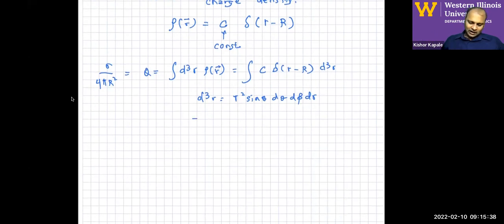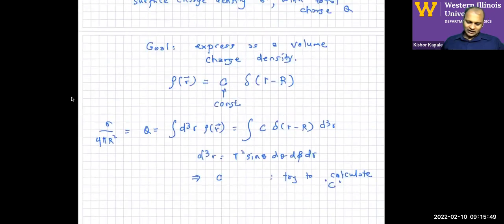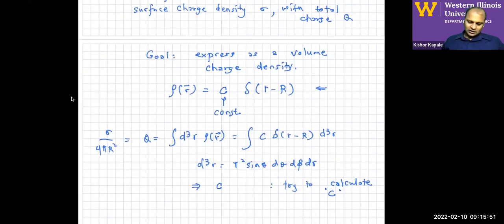And that allows you to determine C. So try this at home, try to calculate C. And once you have the C, then your job is done. You have expressed this two-dimensional surface charge density as a volume charge density with the help of delta functions. So that's the power of these delta functions.